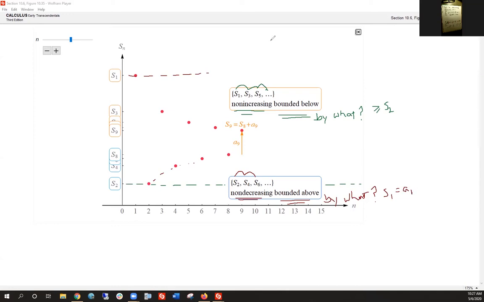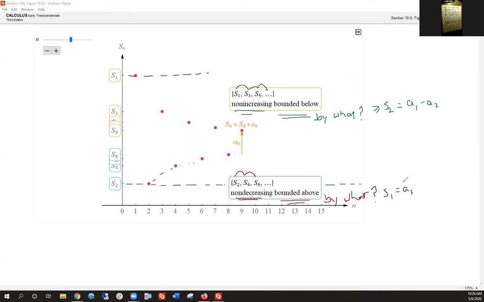Remember that S2 is equal to, in this case, A1 minus A2 with the way it's set up. And so what we're saying is that the sequence of S1, S2, S3, all these odd terms, is non-increasing and bounded below. Therefore, by the monotonic sequence theorem, it's going to converge.